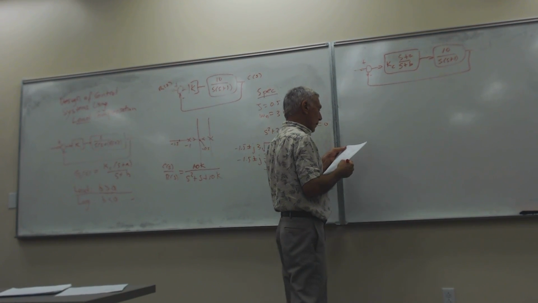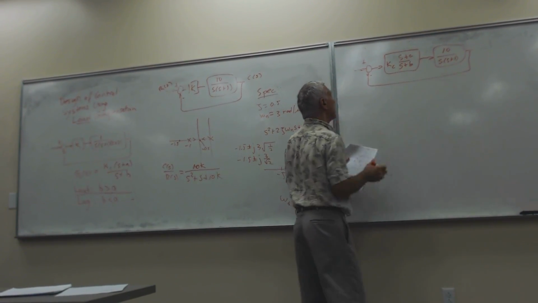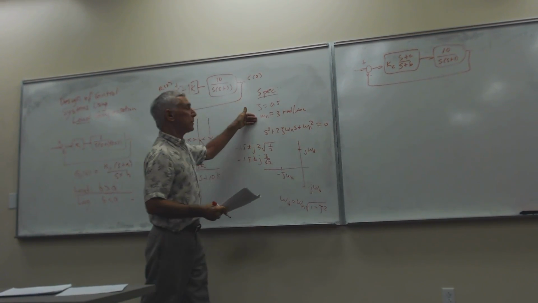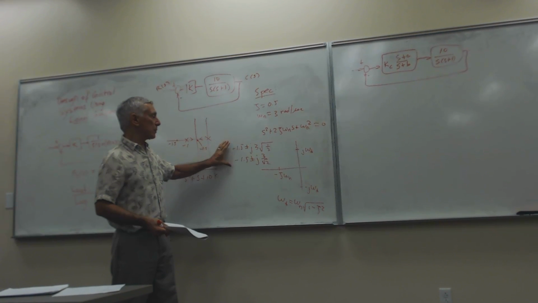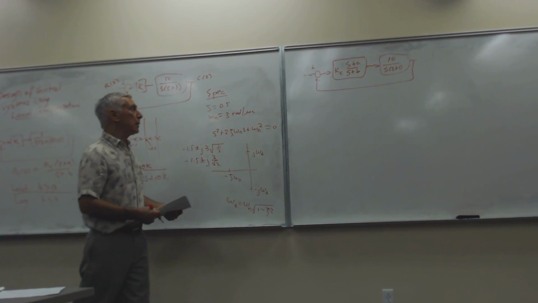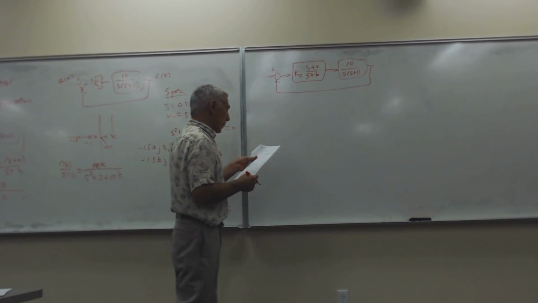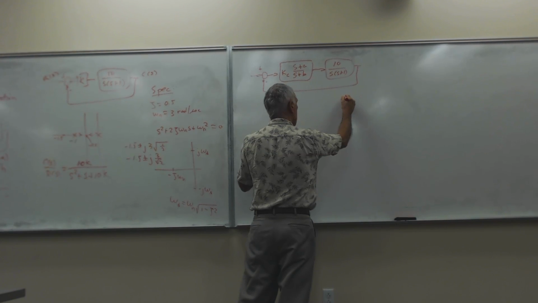And so we would like to determine A and B in order to satisfy these two specifications. In other words, in order to get the closed loop transfer function poles to be here. Okay, and so we can start drawing the root locus here.